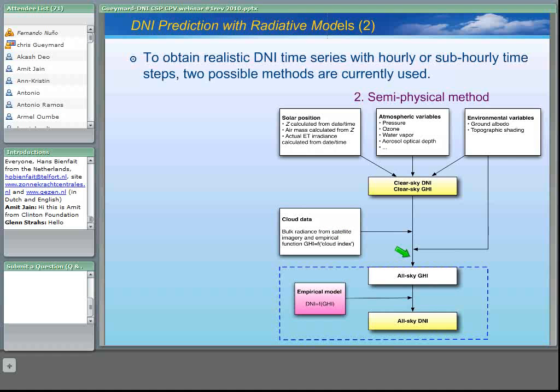And with this modeling, you obtain the all sky global irradiance. Now, how do we get DNI? We need an empirical model which relates DNI to GHI, global irradiance, and then finally you obtain your all sky DNI that you want.